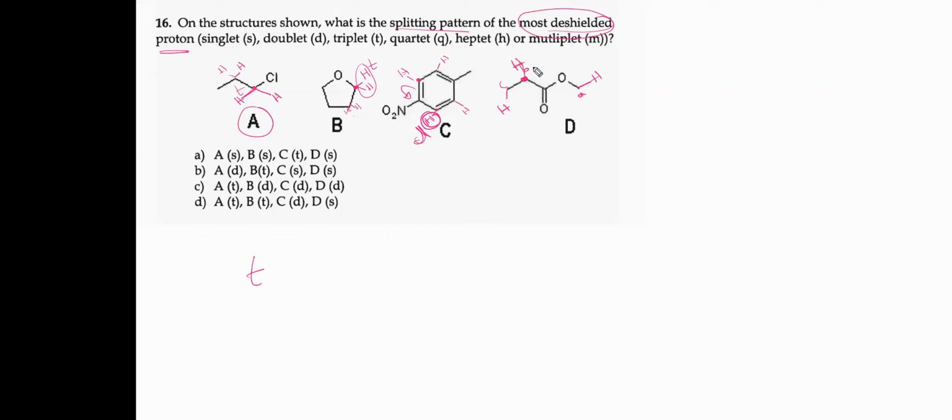We are not talking about carbon spectroscopy here. This one is going to appear around 2.1, 2.2 ppm, whereas this one is going to be around 3.8 ppm. So this is the most de-shielded, and that will be a singlet because you don't have anything next to it. So we have triplet, doublet, singlet. That is the right answer.